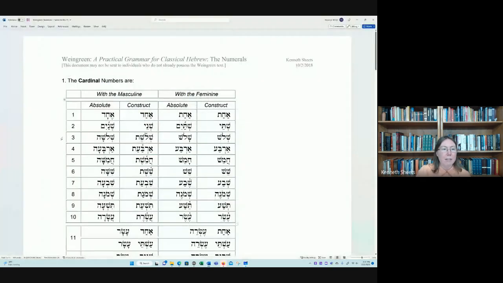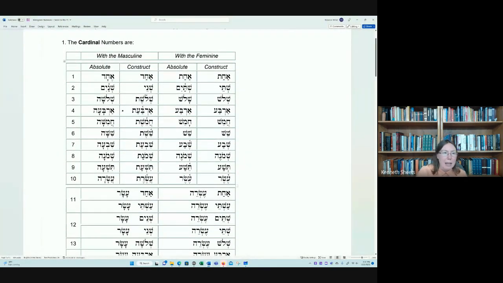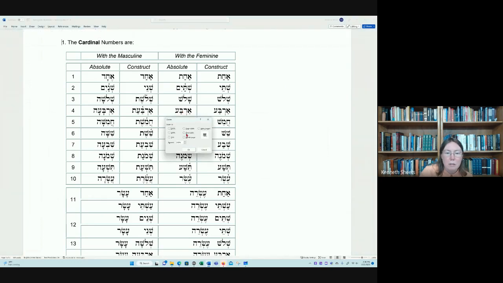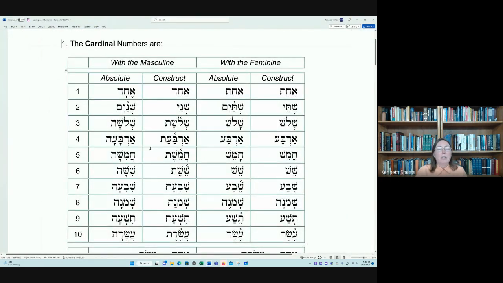And so these different numbers here, as you can see as we go on through this, and let me just make that a tad bigger. You can see that these numbers that we're dealing with are not infrequently used with nouns. And as such, they're going to modify nouns, and thus they're going to agree with the nouns that they modify in terms of gender.